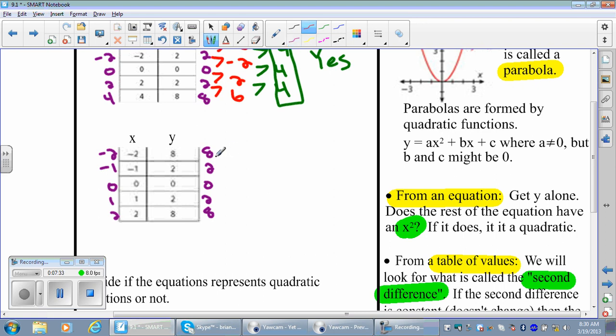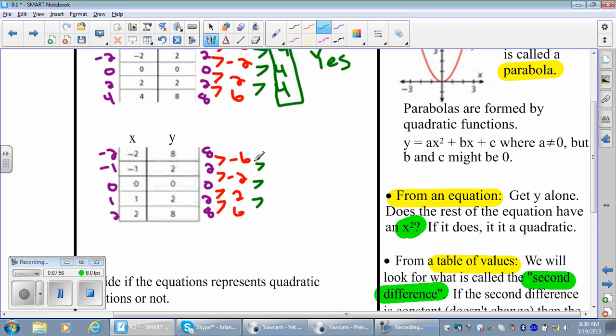All right? So we look at the difference here of these numbers. Now, 2 minus 8. Well, 2 minus 8 is -6. 0 minus 2, -2. 2 minus 0, we see some patterns in these numbers here, right, is 2, and 8 minus 2 is 6.